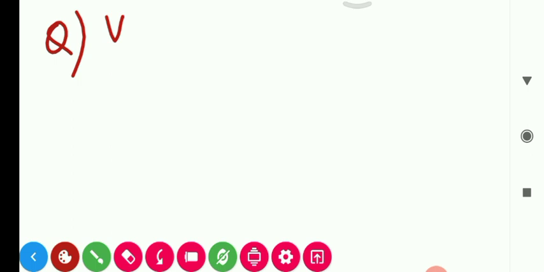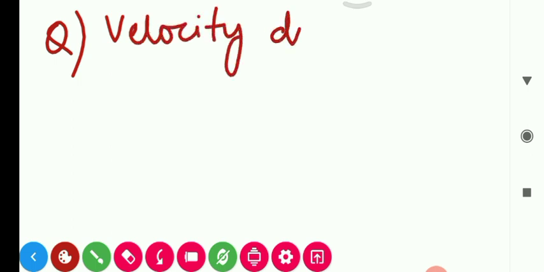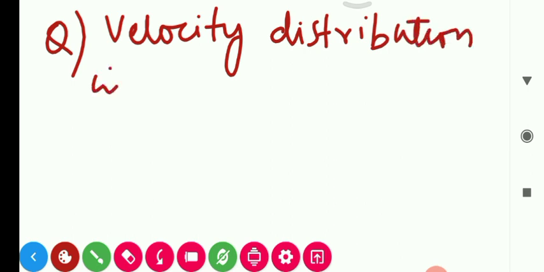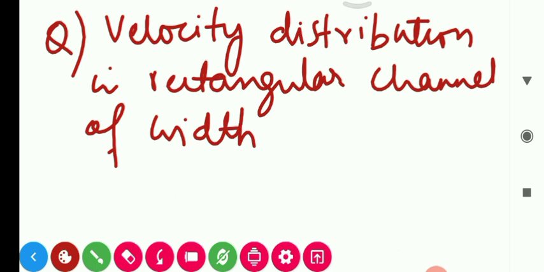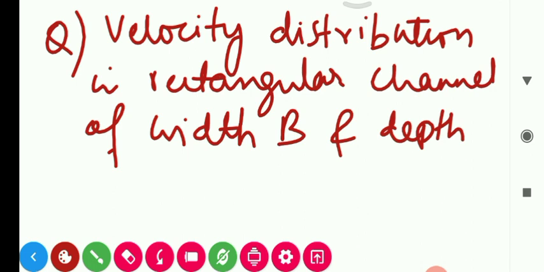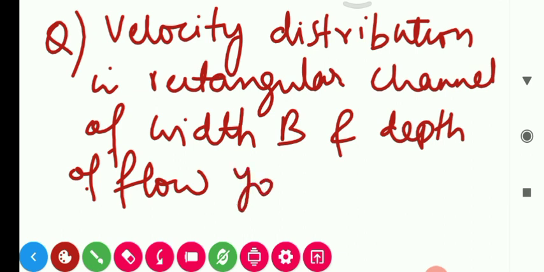The question says the velocity distribution in a rectangular channel of width b and depth of flow y naught is k under root y. So the velocity is a function of y.